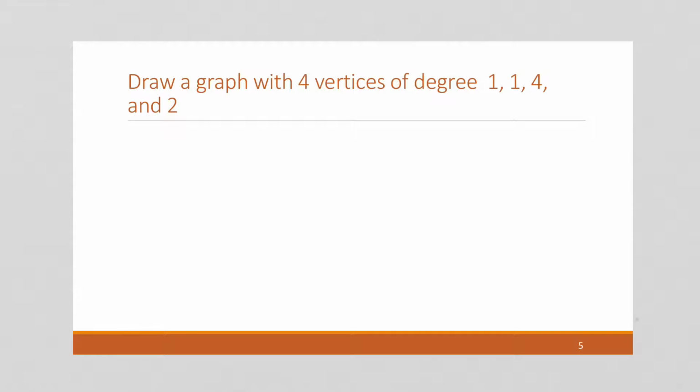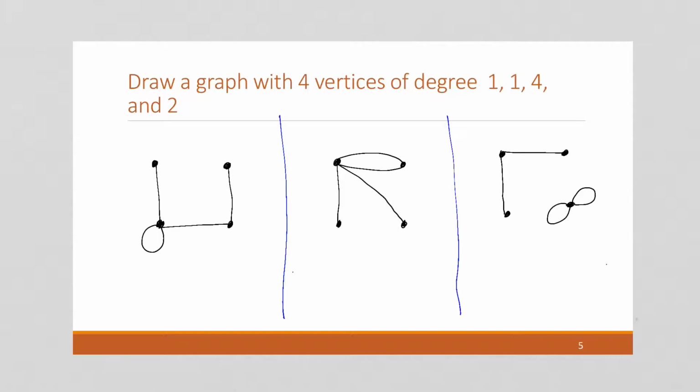This next problem, I'm going to challenge you to pause the video and try to draw a graph with 4 vertices that have degrees 1, 1, 4, and 2. Okay, I hope you tried to do that on your own. Let's see some examples of how this can be done. There's actually many different ways to do this. Here are 3 ways that I've seen people do it before.